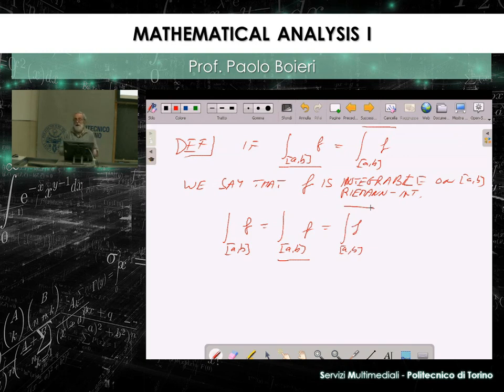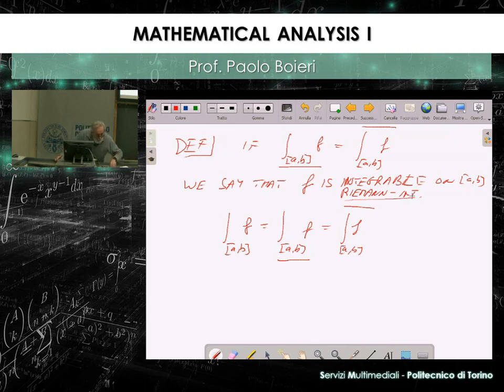Okay, if the two lower and upper are equal, we can say that the common value of this is the integral. Okay, and that is the definition of what is a Riemann integral.